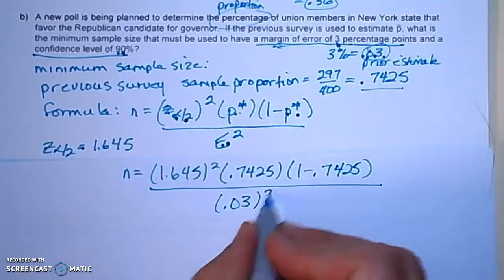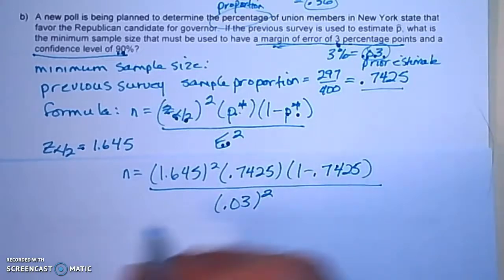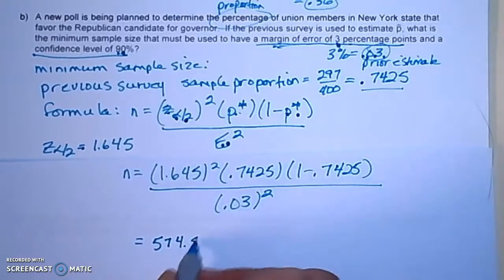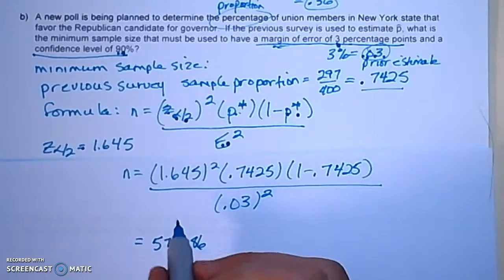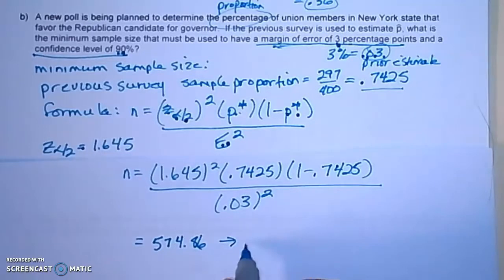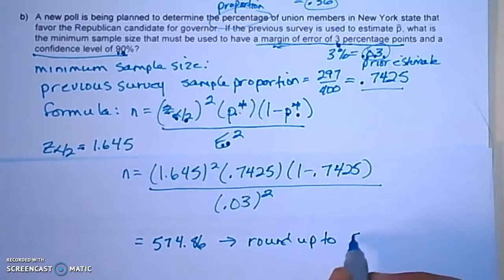That's 0.03, and square that. When I put that in my calculator, I got 574.86. For the minimum sample size problems, you always have to round up to the next whole number, no matter what. So this one, I'm going to round up to 575.